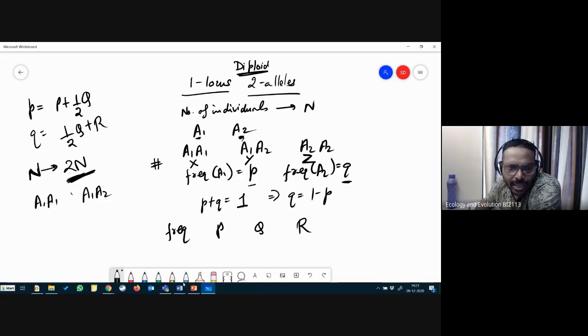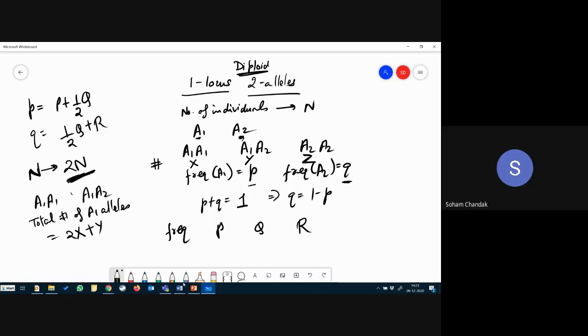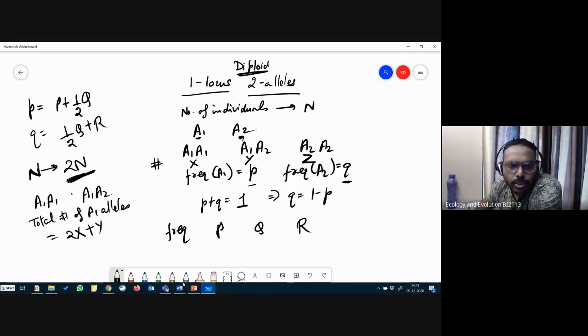If that be the case, then the total number of A1 alleles is equal to 2x plus y. Does that make sense? Yes, sir. Each X individual contributes 2, and these Y individuals contribute 1, so it is 2x plus y, correct?